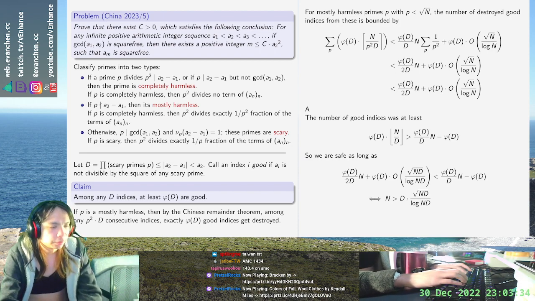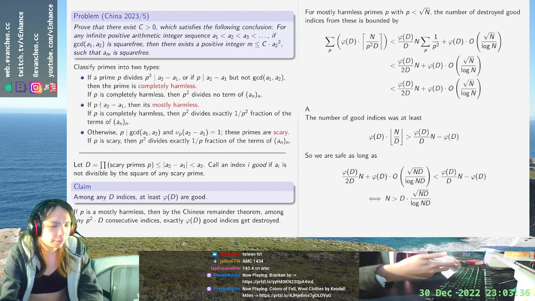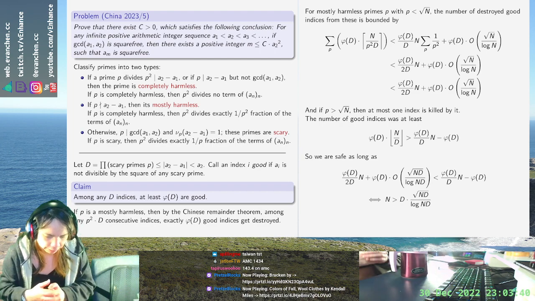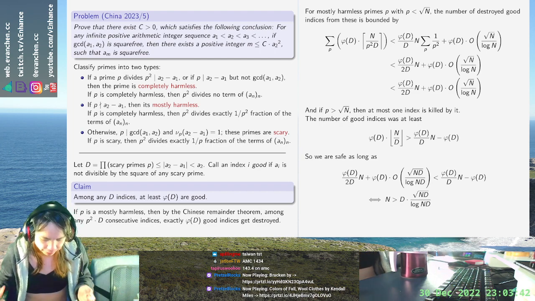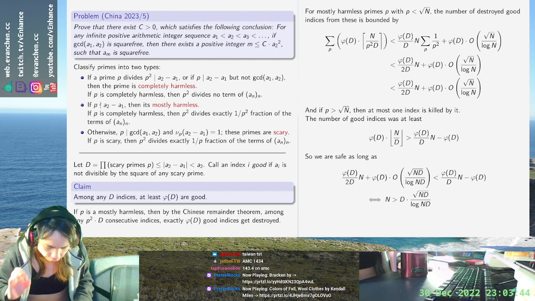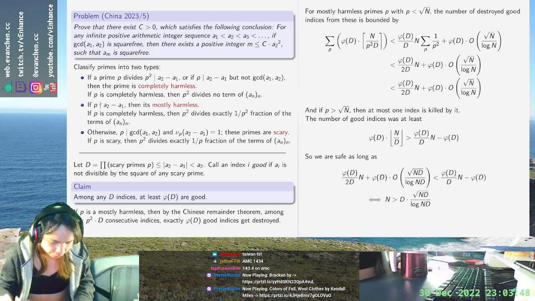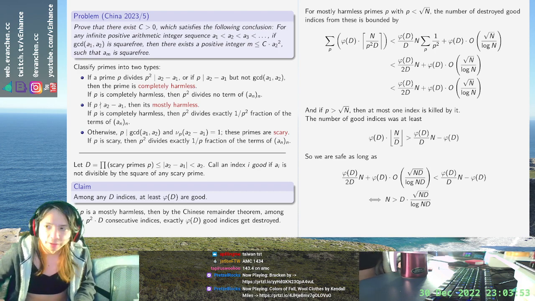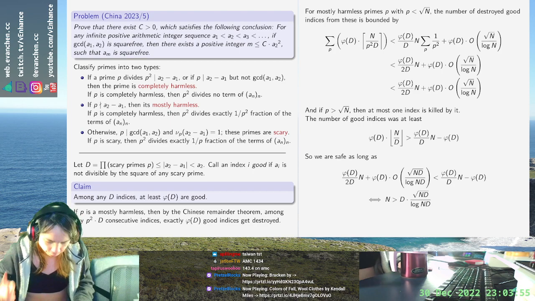X is killed by it. So if P is greater than root n, like because you have an arithmetic progression of common difference D, even though like the numbers are big and whatever, you only get 1 kill for that prime P. Right? If P squared is greater than n, then in an arithmetic progression where P doesn't divide the common difference, at most 1 kill.